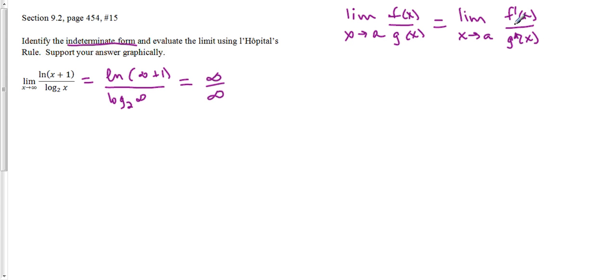And that's going to be a very useful tool. So I've met my condition over here. I have infinity over infinity is my indeterminate form.